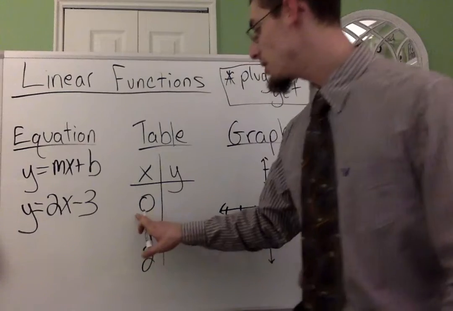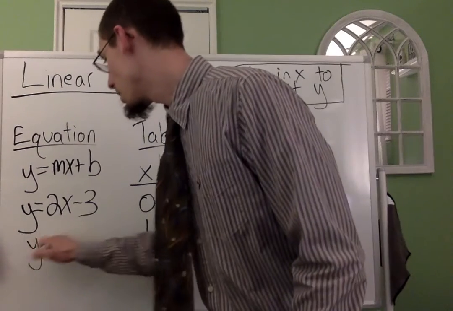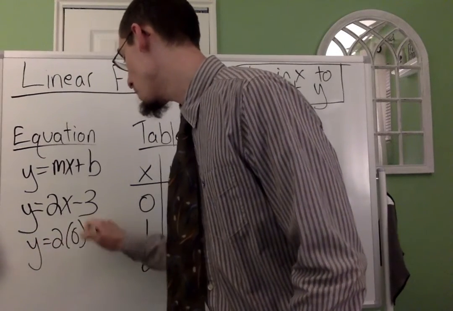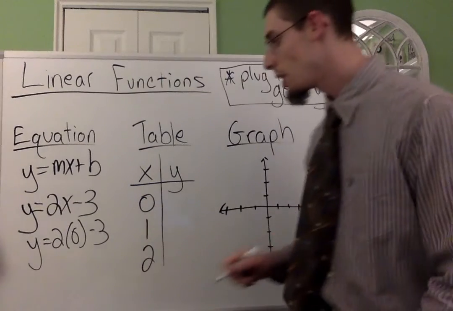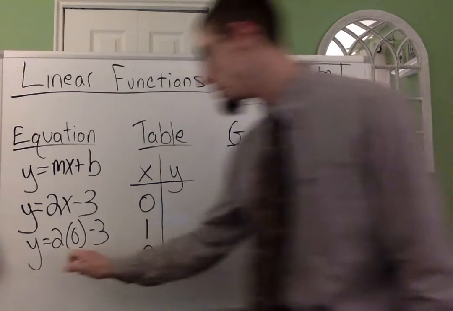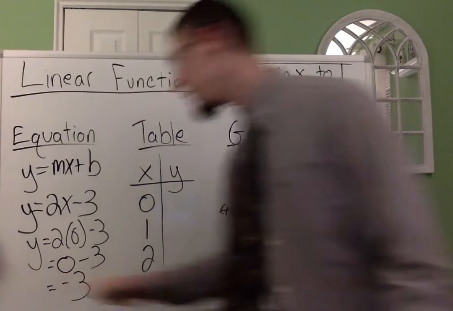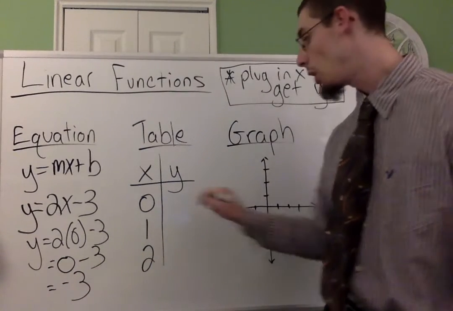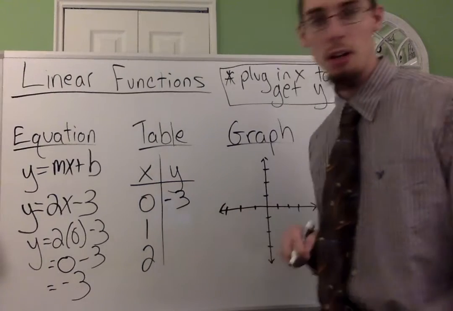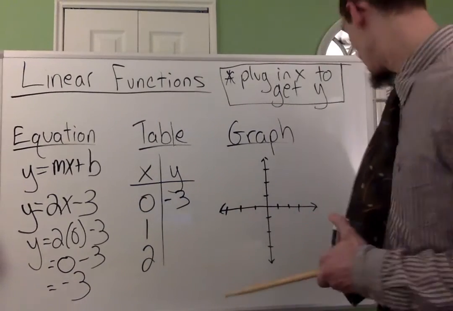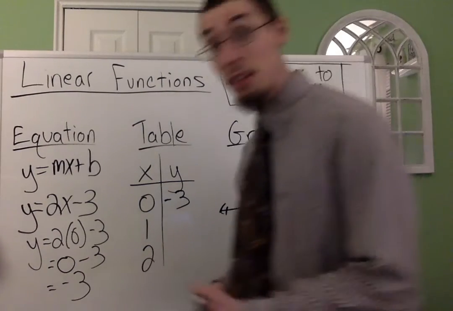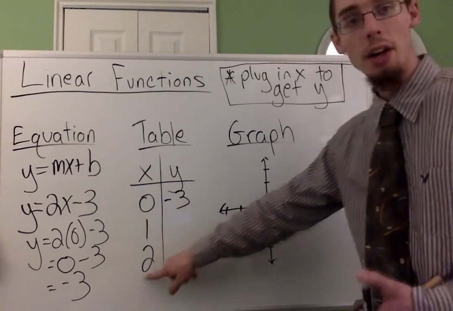So if I plug in 0, that would be 2 times 0 minus 3. Now, 2 times 0 is 0, so 0 minus 3 is going to give us negative 3. So I'll put a negative 3 right here where 0 is. Next, I just go through and I plug in 1 and I plug in 2.